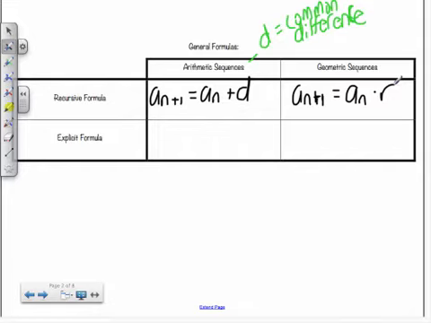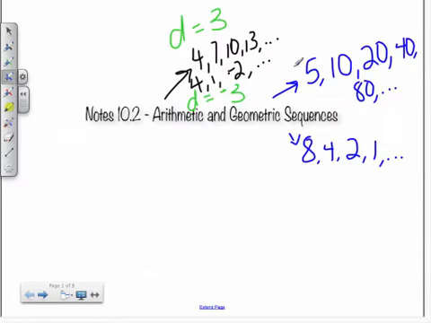And r is not going to be your common difference, it's actually going to be your common ratio. Okay? So, for example, in this example I gave you on the top of your page, the r value here is going to be 2 because you're multiplying by 2 to get to each term. And you can figure it out by taking each term and dividing it by the previous term. That will tell you what your ratio is, your common ratio.